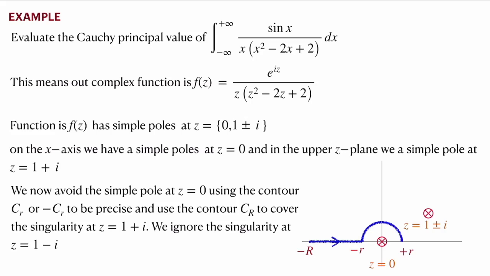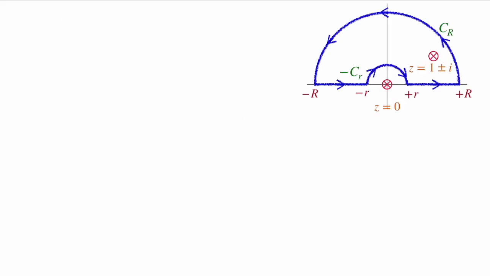Note that we are moving in the clockwise direction on the curve C r, that is why we have a minus sign there. Then from plus small r we proceed to capital R along the real axis, then from plus R we reach back to minus R along the circular arc C of capital R, and that C of capital R should include the singularity at z is equal to 1 plus i. We take the limit capital R going to infinity, small r going to 0, and then we use the earlier theorem to evaluate the integral.